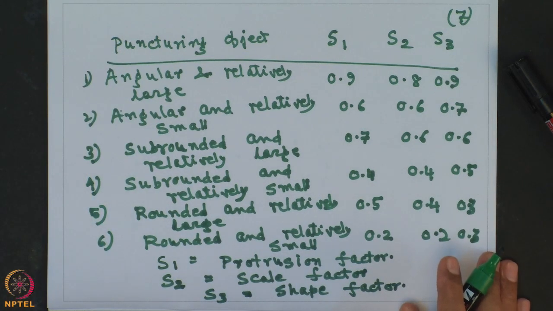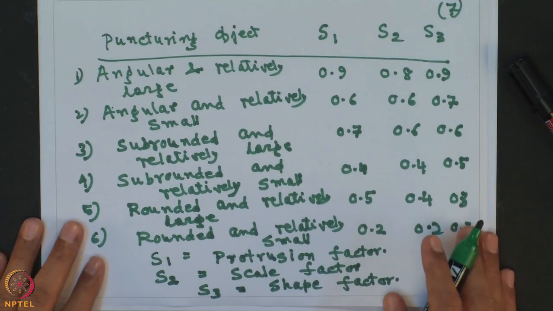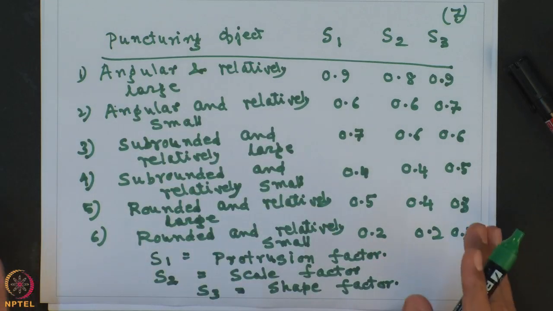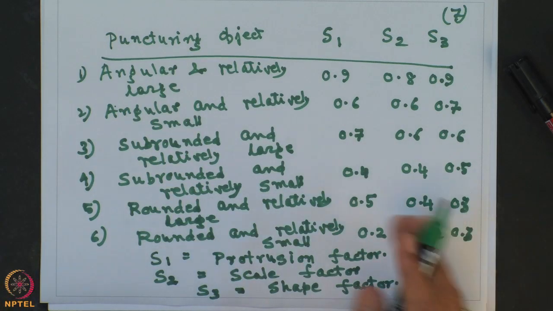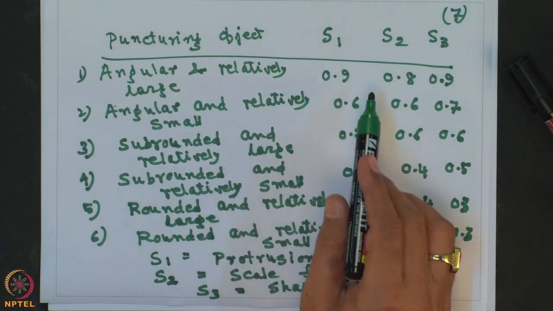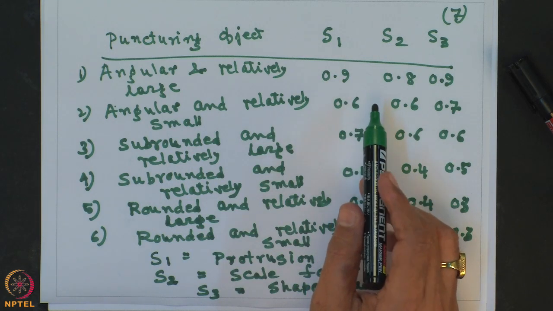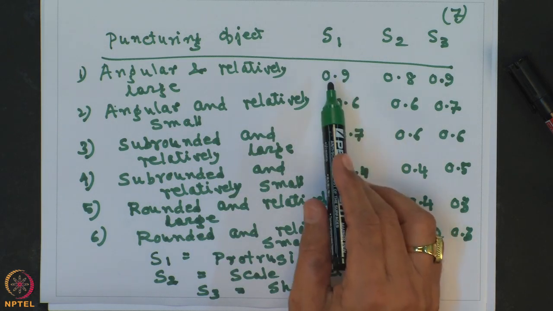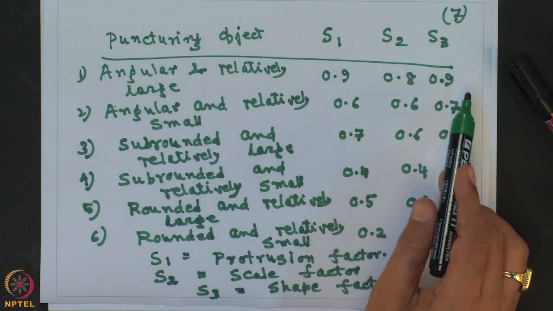So, depending upon the type of puncturing object, you have to take in the equation what should be the S1 value, S2 value and S3.